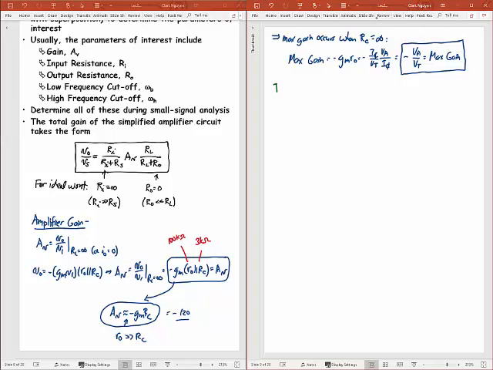So to get that input resistance, I'm going to need to draw my circuit again. And so I want to draw out my small signal circuit, and sooner or later you'll get used to drawing these circuits. So I'm going to have my R pi. Across that I have what I'm calling VBE. I'm going to have a voltage controlled current source that's going to go as GM times that VBE.